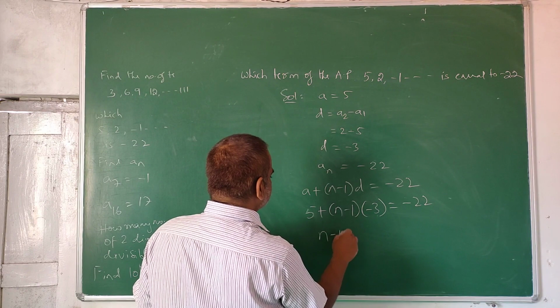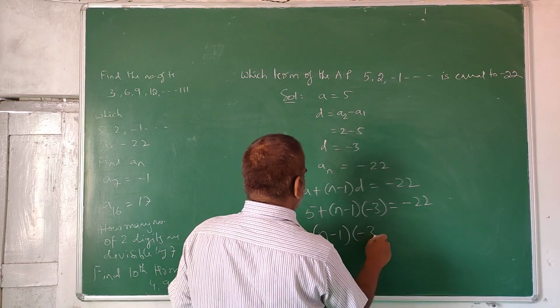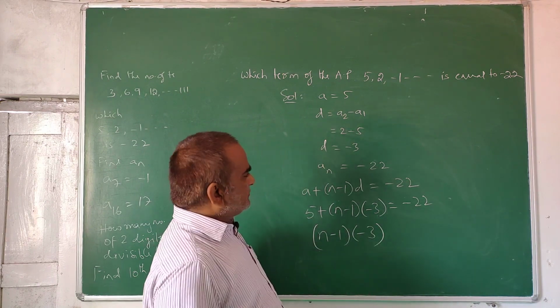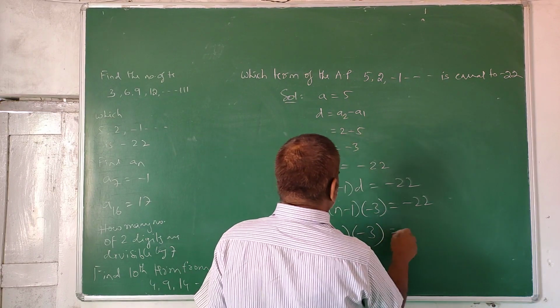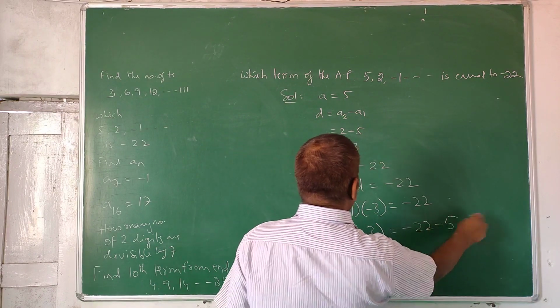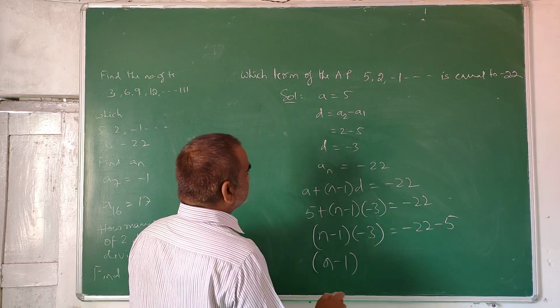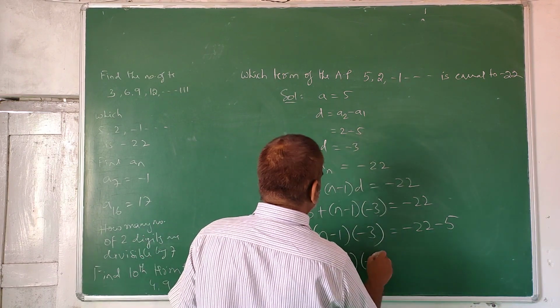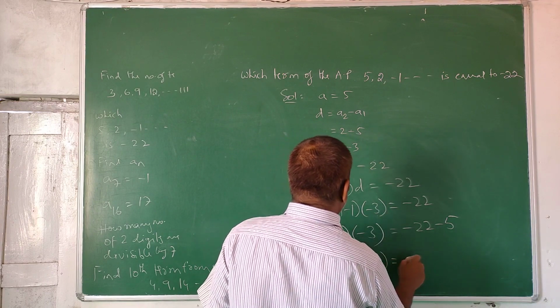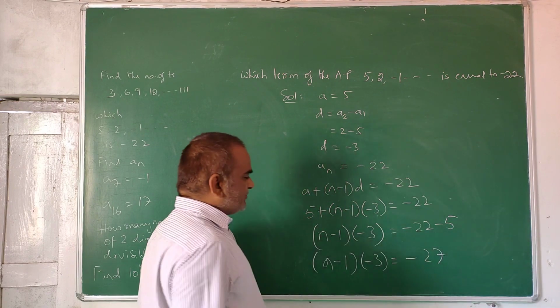N minus 1 into minus 3 is equal to, are you following? Minus 22 minus 5. So N minus 1 into minus 3 is equal to minus 27.